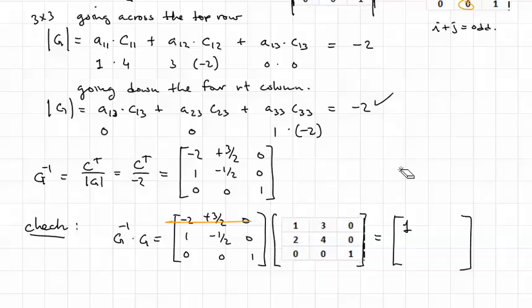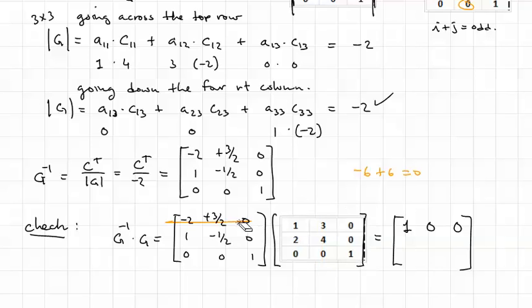Now we're going to move across to the second column, because we want to fill in the 1, 2 position. And there we will have minus 2 times 3 is minus 6, plus 3 halves times 4 is plus 6. And the last term is 0, and that equals 0. And then looking at the last term, we see that that one's going to be 0 as well.